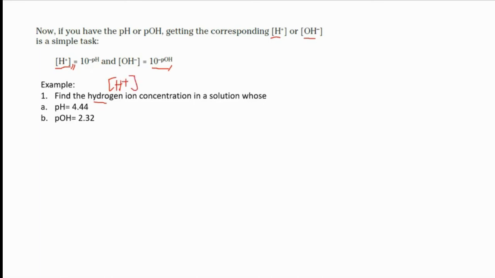In the solution whose pH is 4.44, ano ang answer ni letter A? H plus is 10 raised to negative 4.44. Answer? 3.63 times 10 to the negative 5 molar.